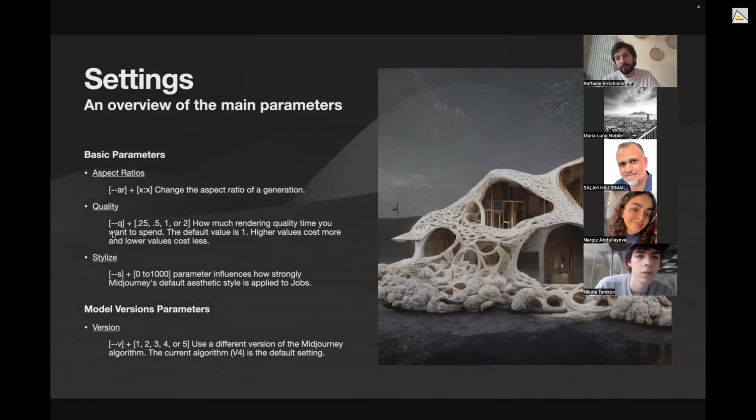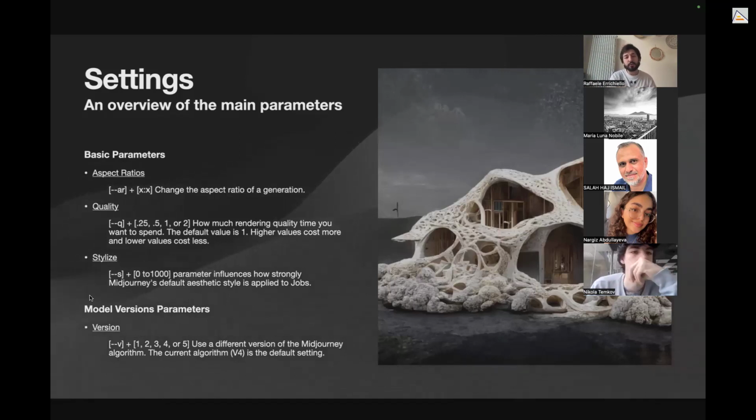That will affect also the image that you can generate, because an image with the quality value 2 will cost you 2 credits, for example. Then you can change the stylize, that is, if you go from 0 to 1000, 1000 will have a super detailed line work style. Instead, a lower value will have a more sketchy drawing.